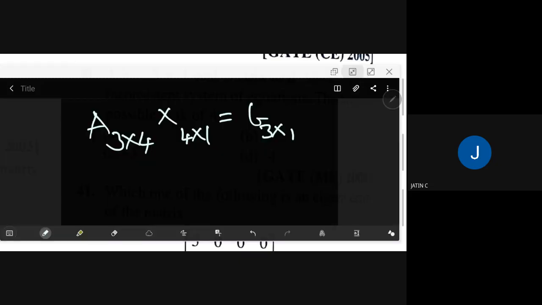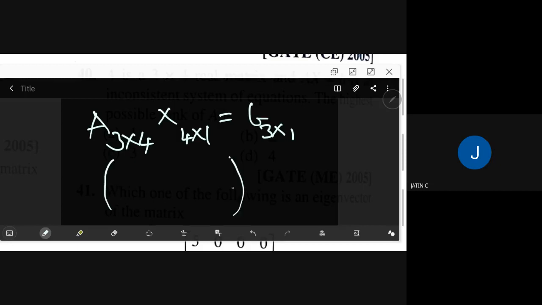Good. So inconsistent means you have B here. So 1, 2, 3. A must be not equal to... can anyone respond now? What is the rank of A, sir? 2? Good, 2, right, fine.